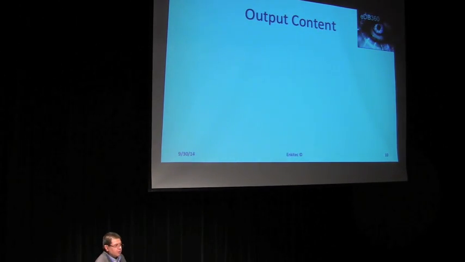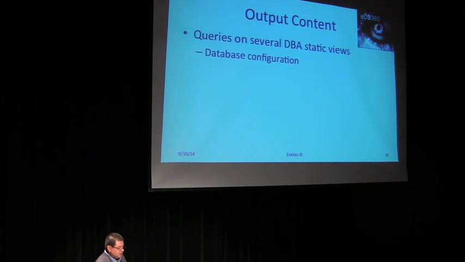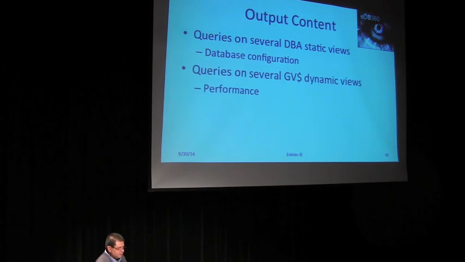So let's talk about the content. What did I get? What is the content? Well, just think this way. EDV360 has a lot of queries on top of the DBA static views. So basically I can see configuration of your database. And we also have some queries on top of GV dollar views, which basically we can see performance. Okay, so we have those 2.